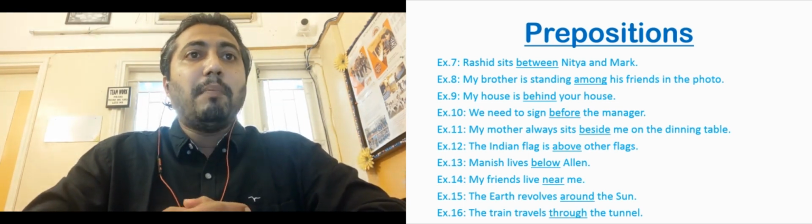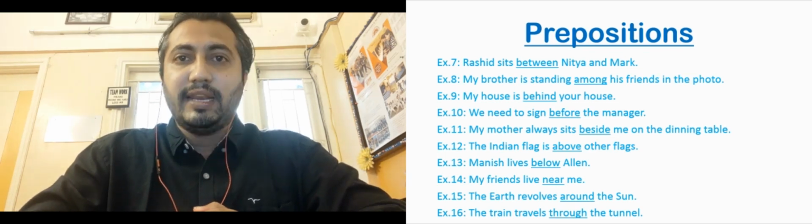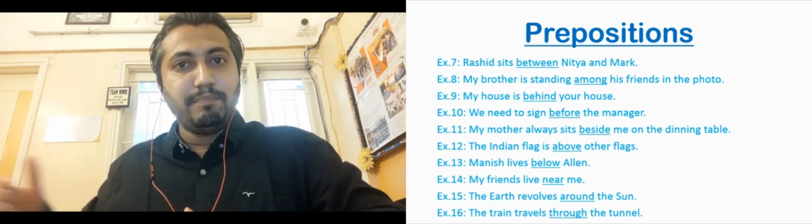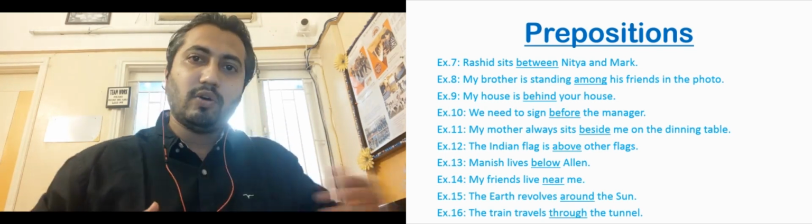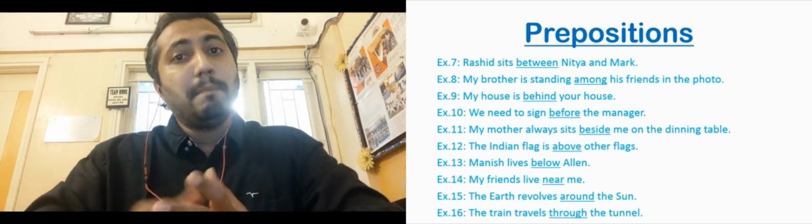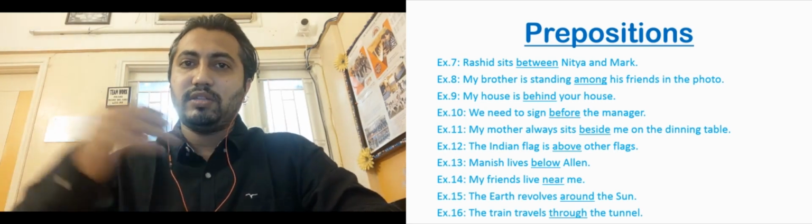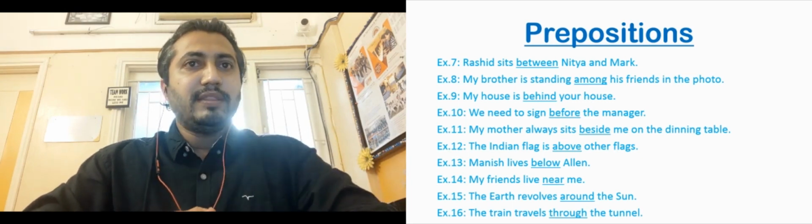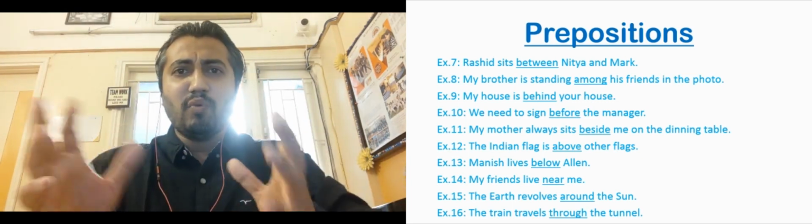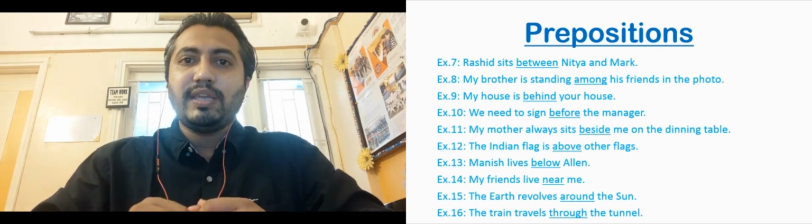Next example, my mother always sits beside me on the dining table. Now beside मतलब बगल में, or this side or this side, नजदीक में या बगल में कहीं पे, then we will say beside. Okay, then if we want to understand, ये preposition याद रखना है position का, so it is very easy.